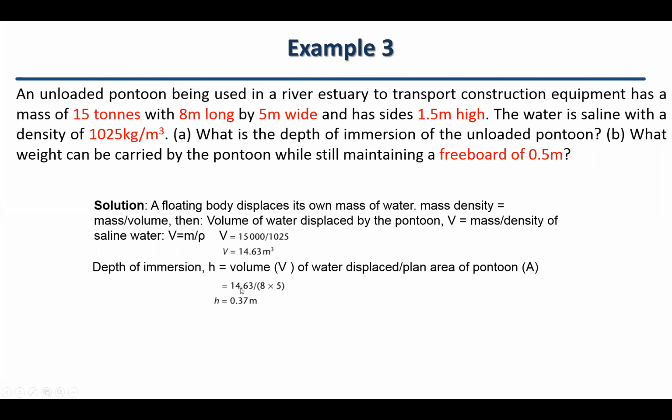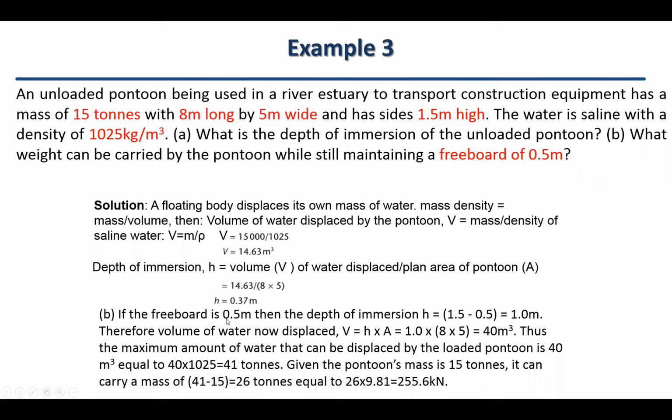Let's do this in reverse. If the freeboard is half a meter, the depth of immersion will be 1.5 minus half, which is 1 meter, and the volume of water displaced is 1 meter times 8 times 5, which is 40 cubic meters.